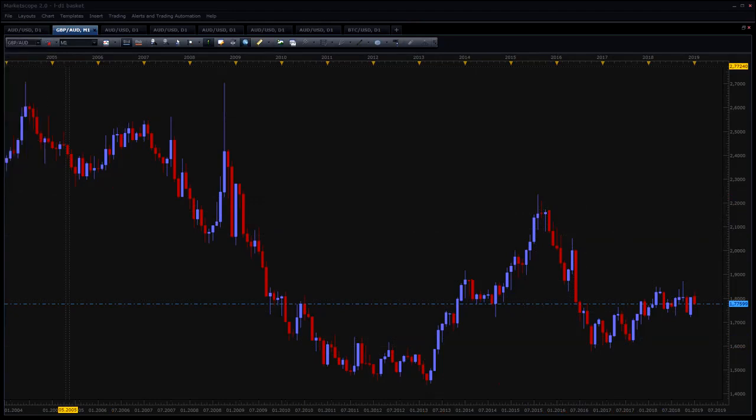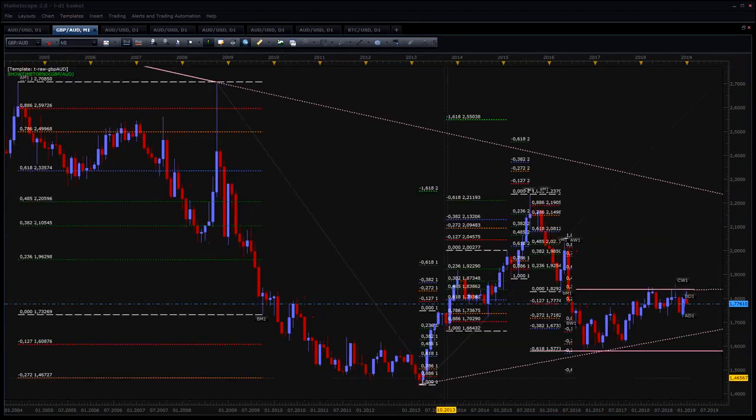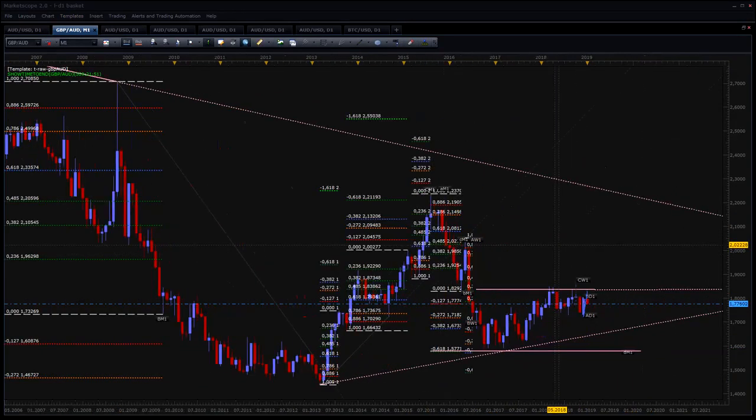So let's implement our technical analysis template. Pound Aussie. There we go. Voila. So we have analyzed it as going downwards.